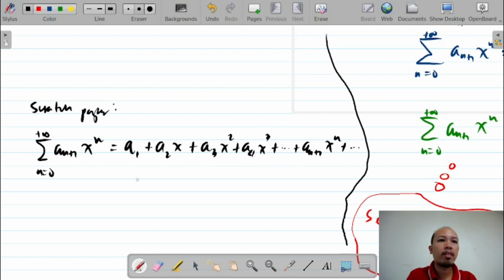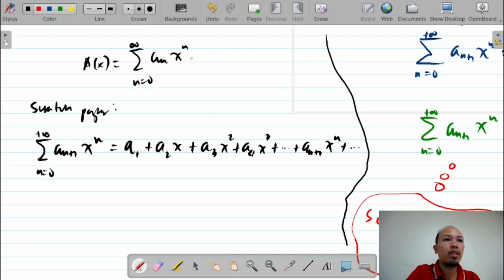Okay, so this is our scratch paper somewhere here. Okay, so notice that our a of x is summation of a sub n x to the n starts from 0 to infinity, and if we try to expand this, this is a sub 0 x to the 0 plus a sub 1 x to the 1 plus a sub 2 x squared, and so on and so forth.